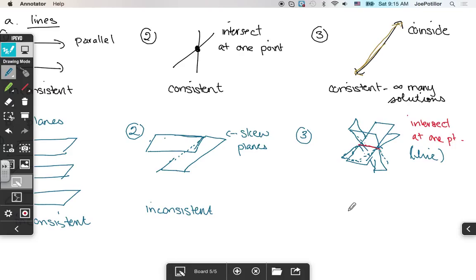And here you see lines forming at 2 points.